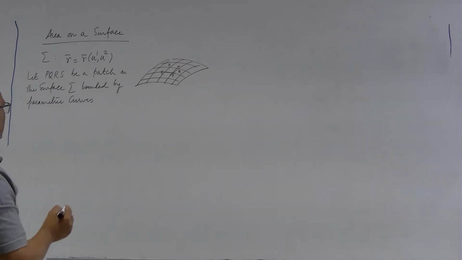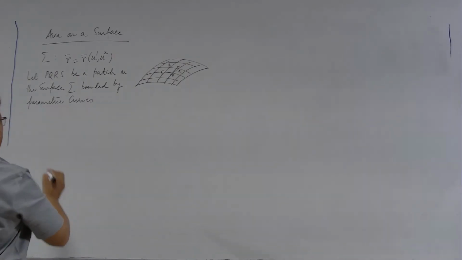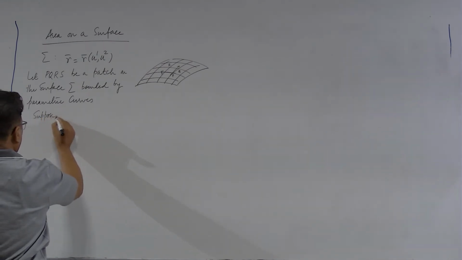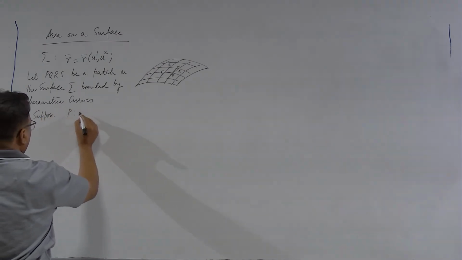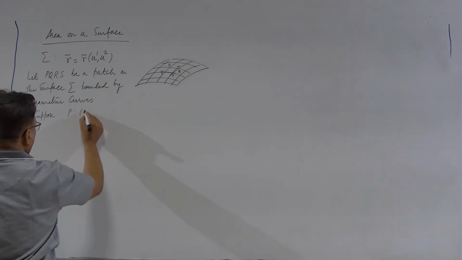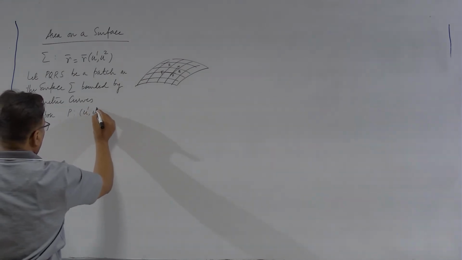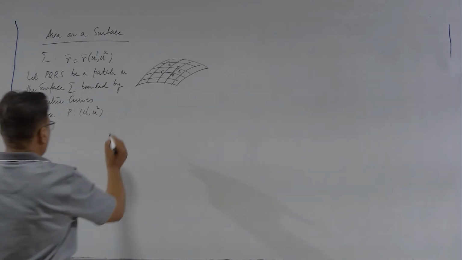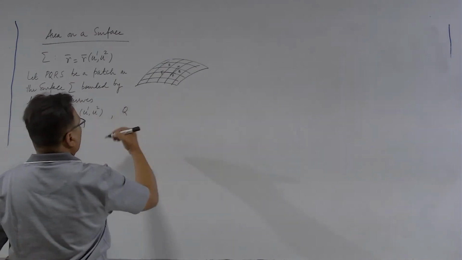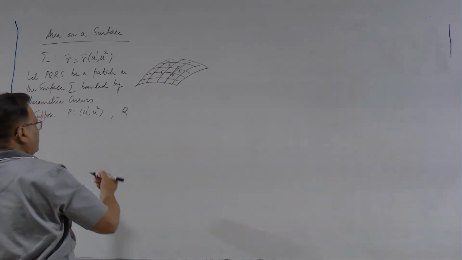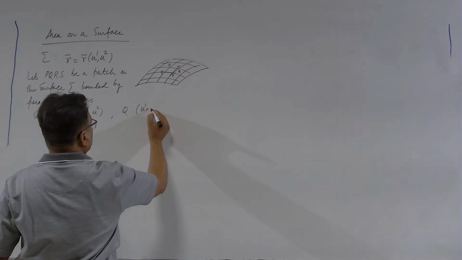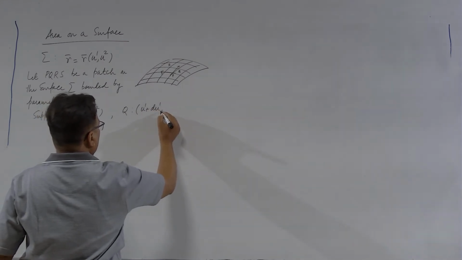Let me consider the coordinates of the point. Suppose P has coordinates u1, u2. These are parametric coordinates of the point P, and Q also lies on the same u1 curve, then its coordinates will be u1 plus du1 and u2.